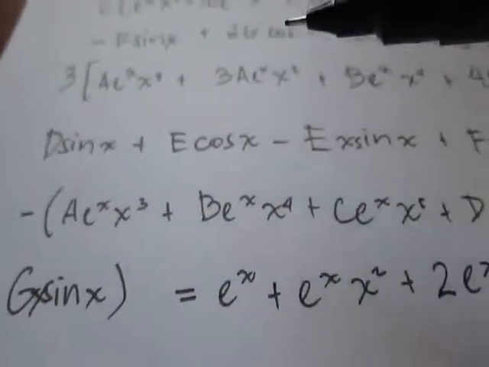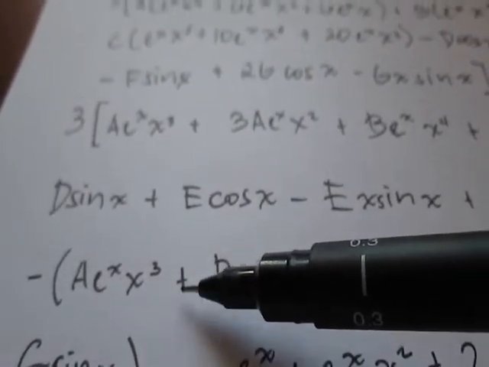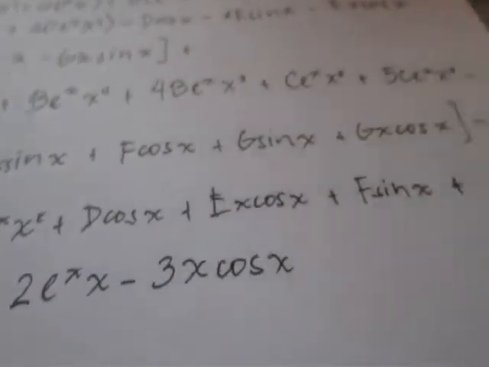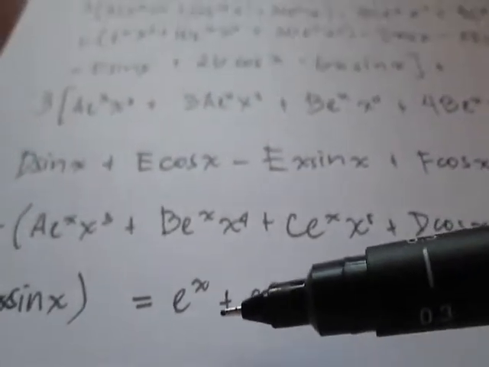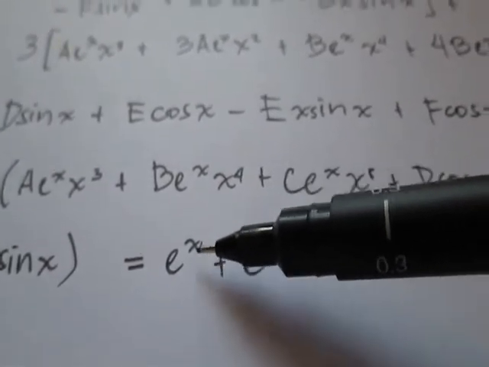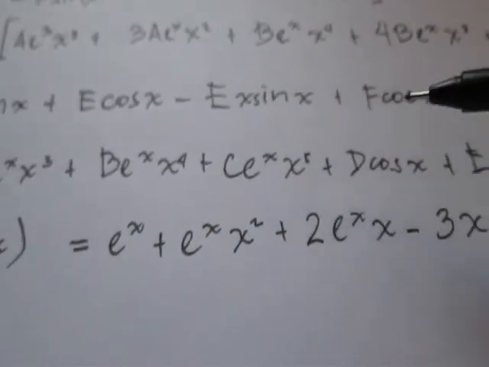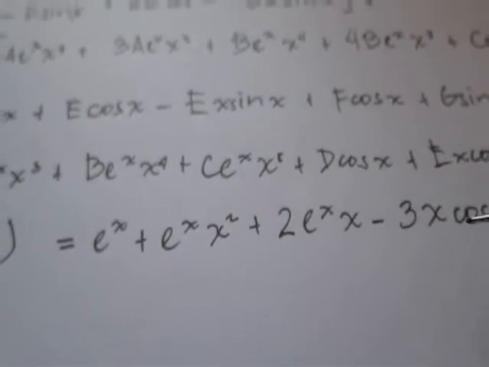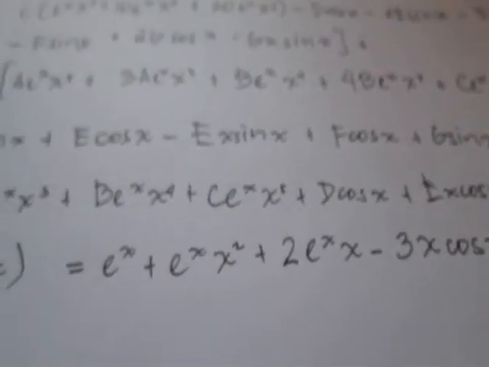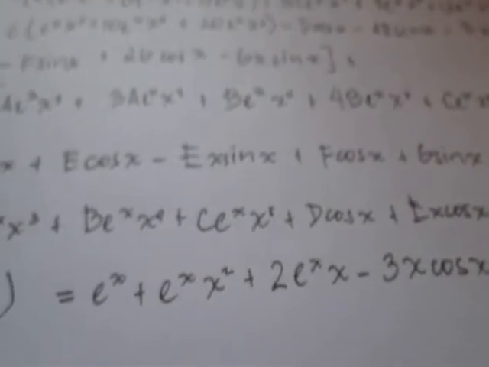This is our yp, equals to, then equate it to our f of x, which is e to the power of x plus e to the power of x squared plus 2e to the power of x minus 3x cosine x. So we have this.